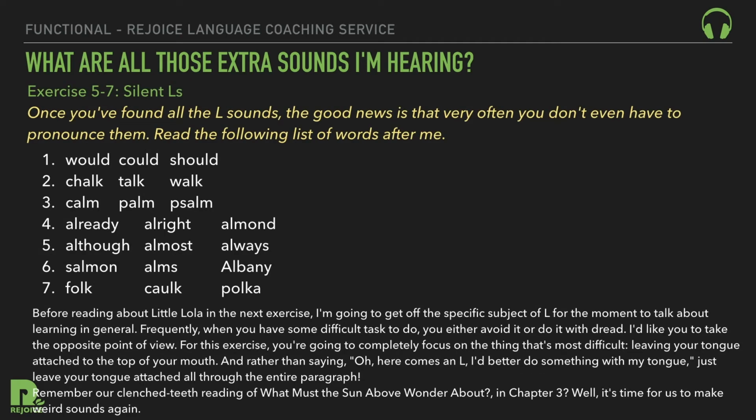Exercise 5-7, Silent L's. Once you've found all the L sounds, the good news is that very often you don't even have to pronounce them. Read the following list of words after me. 1. Would, could, should. 2. Chalk, talk, walk. 3.